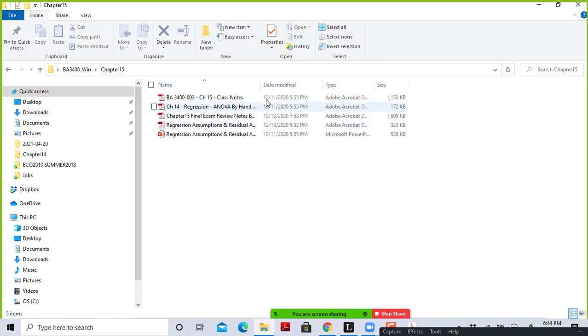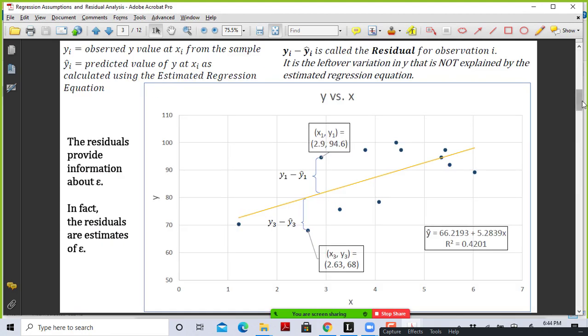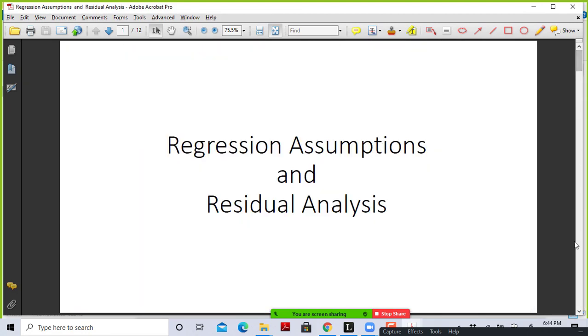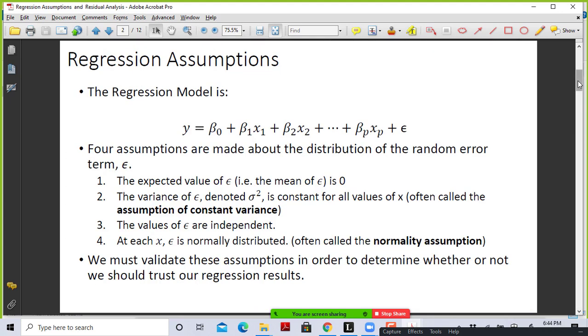Let's do chapter 15. In chapter 15, I will ask what is residual analysis, right? It's the examination of residual plots to see if any of the assumptions are violated or not. So these are the 4 conditions that should not be violated.